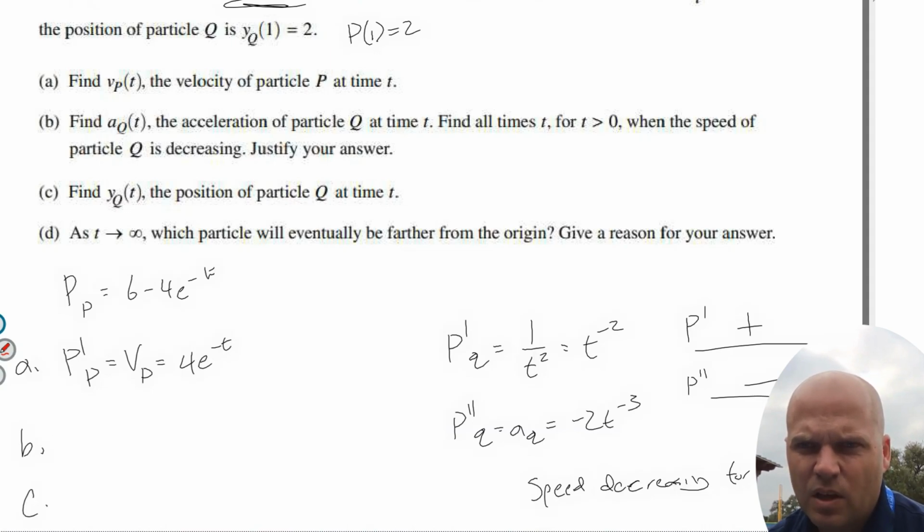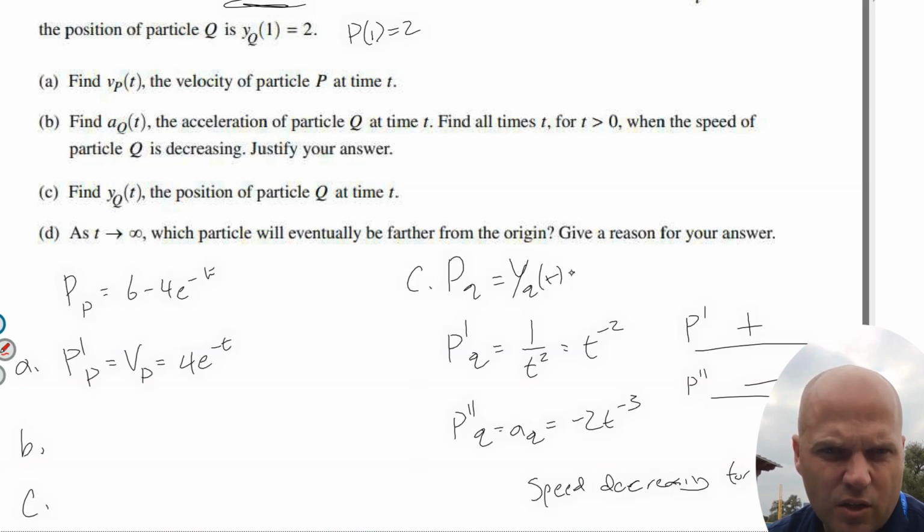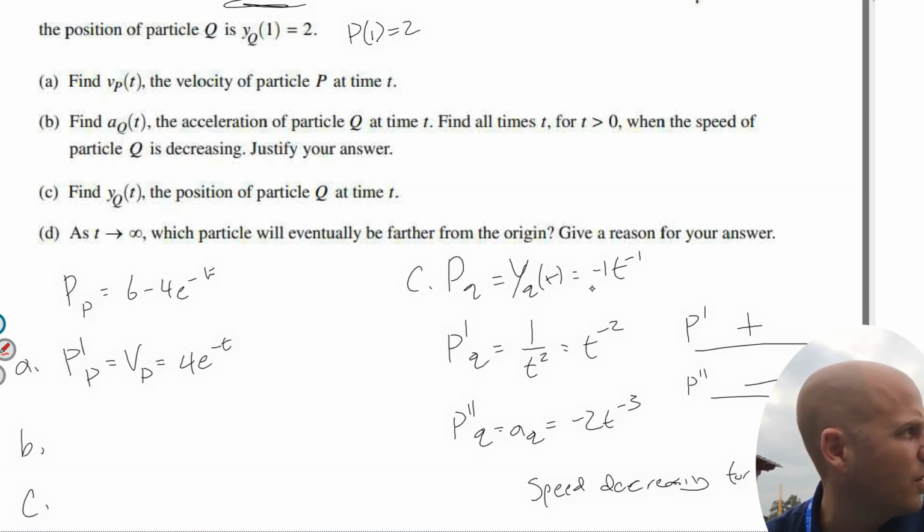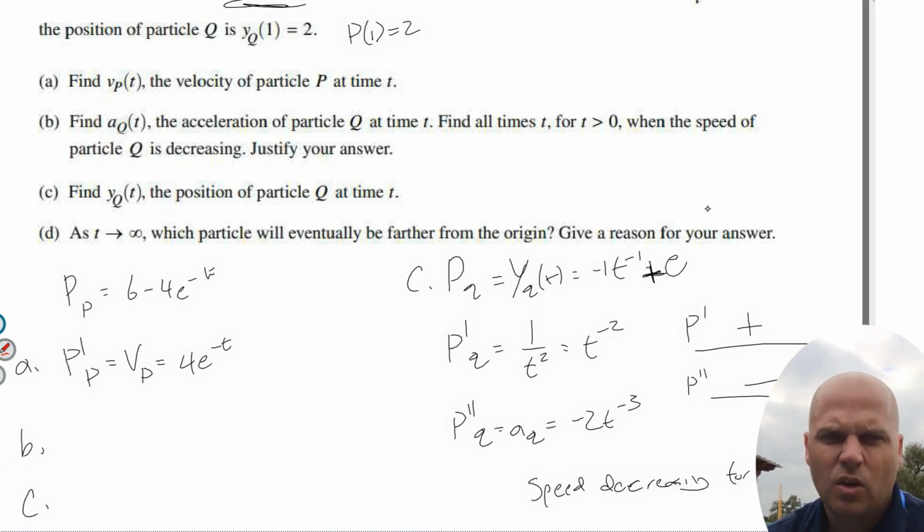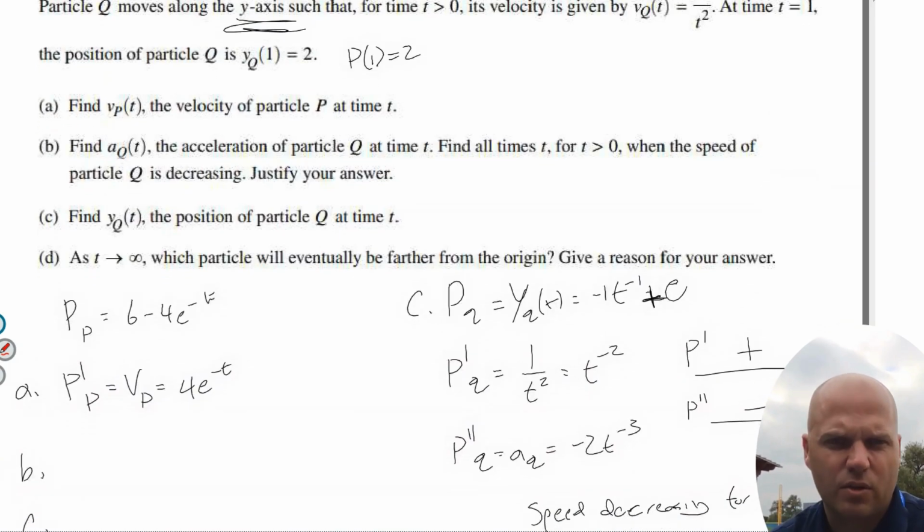C. Find y of q, the position. Okay, here we go. The position of particle q, which they want to call y of q of t, is t to the negative first times negative 1. Add 1, multiply by the reciprocal, plus c. Cool. And I know P of 1 is 2.